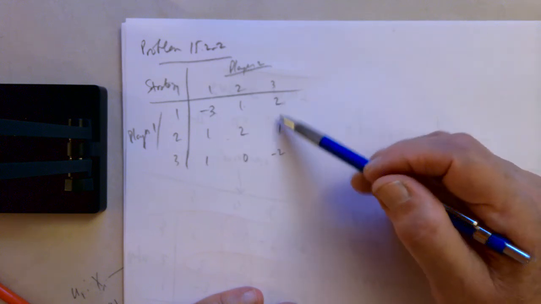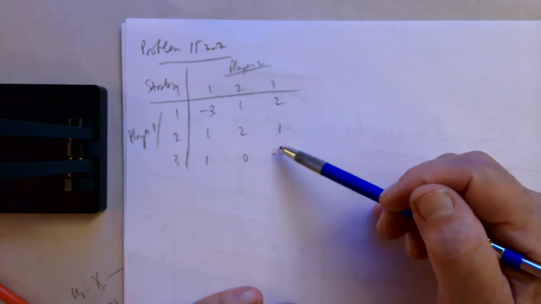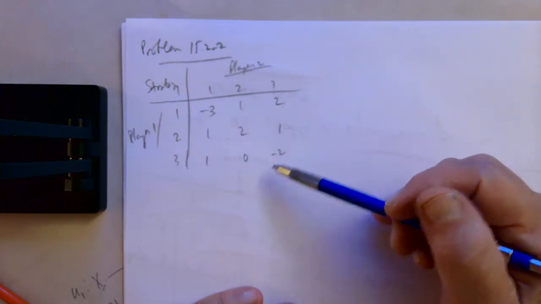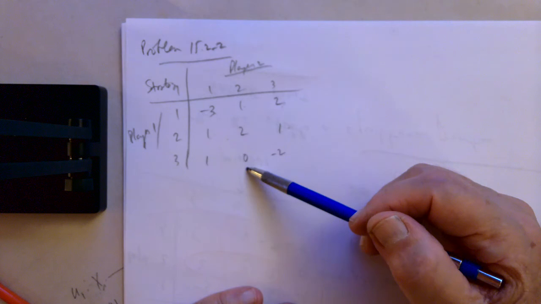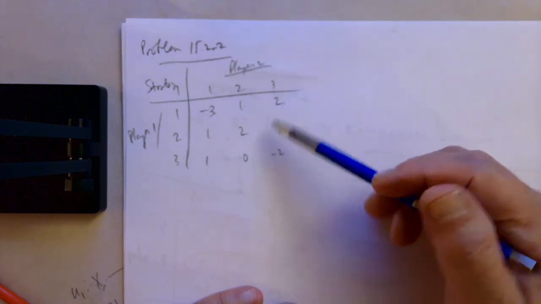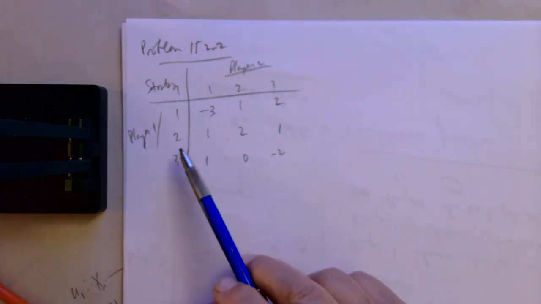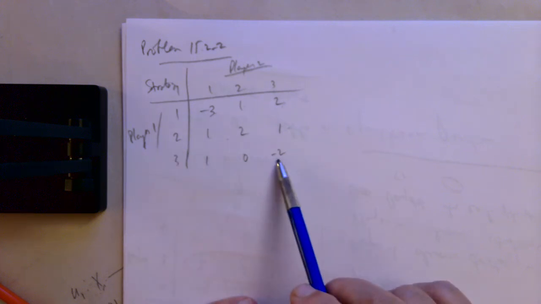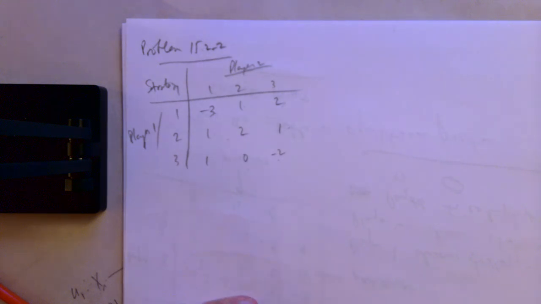This is not a dominant strategy. 1 is not bigger than 2. But 2 does dominate strategy 3. 1 is greater than or equal to 1. 2 is bigger than 0. 1 is bigger than -2. So it would be completely irrational for player one ever to pick strategy 3, because he would always do better picking strategy 2.